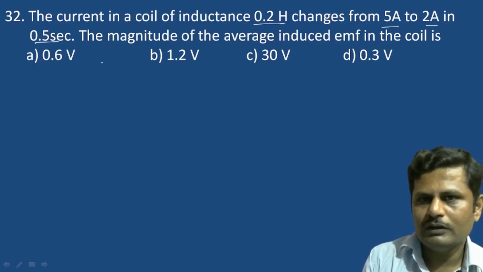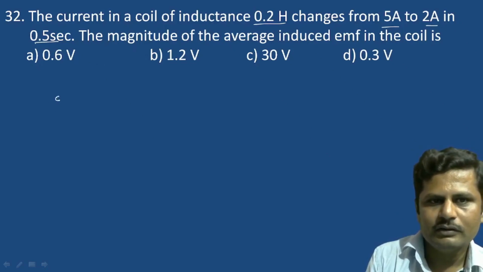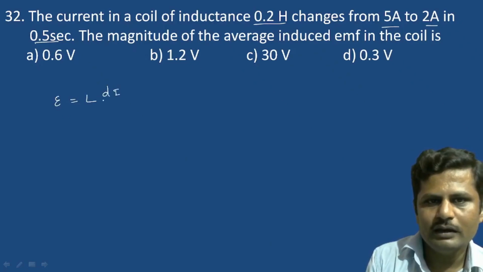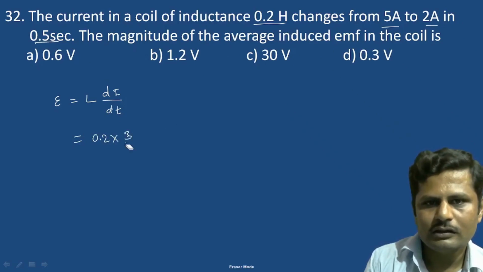We know that from Faraday's law, the magnitude of the induced EMF, E equals L di by dt. Here we have L is 0.2 and the di, the change in the current, is 5 minus 2, that is 3, and dt, that is 0.5.